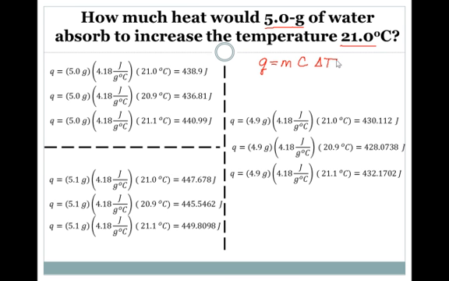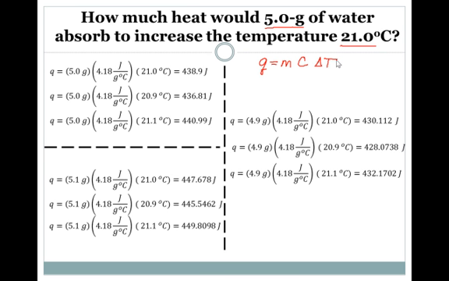Q stands for the amount of joules. If we use this formula and we do all the possible permutations for all the possible mass and temperature change numbers, we come up with something like this.